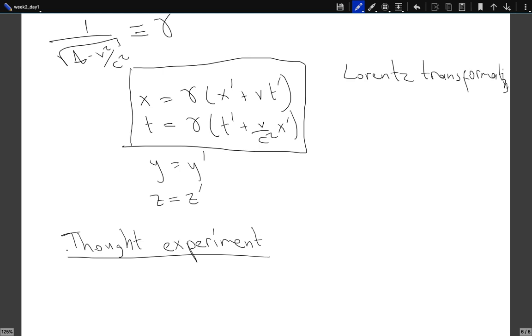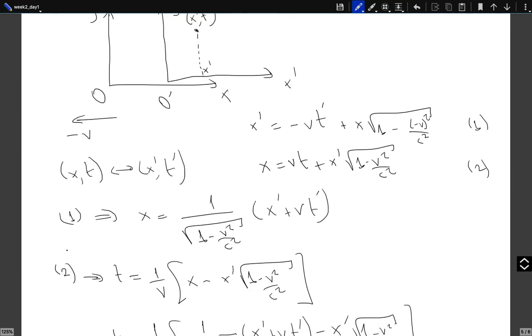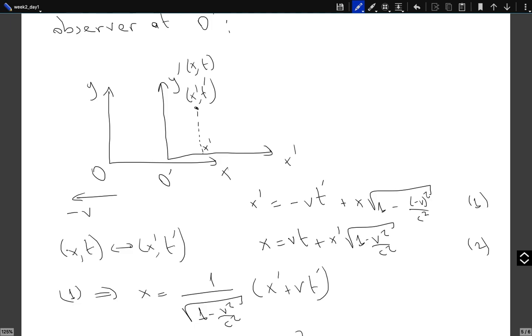Well, you see, we are moving with the same speed in the sense that if I am moving with a speed v according to you, you are moving with a speed v according to me, just in the opposite direction. If you look at the two equations, essentially the same thing happened.